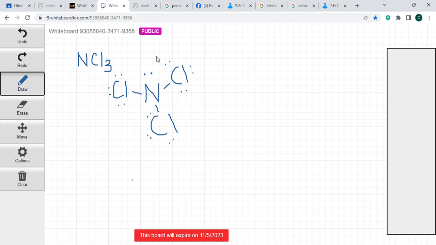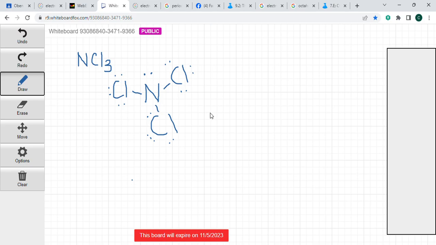For nitrogen, 2, 4, 6, 8. So it is good for nitrogen. For chlorine, 2, 4, 6, 8. Okay, 2, 4, 6, 8, 2, 4, 6, 8. So it is good for all the chlorines as well. So that is the Lewis dot structure of NCl3.